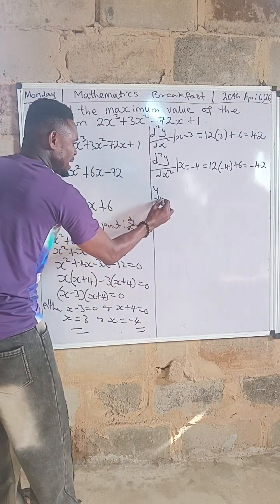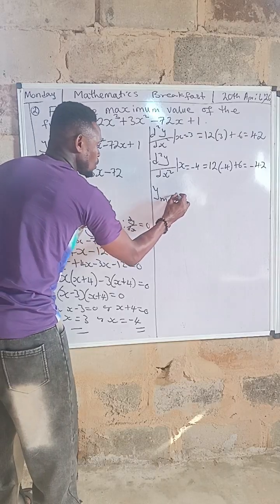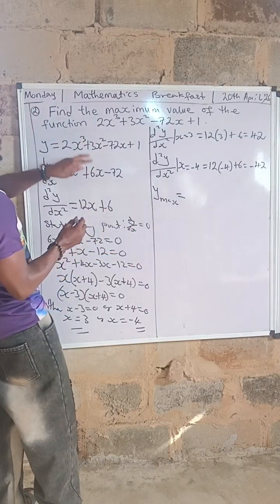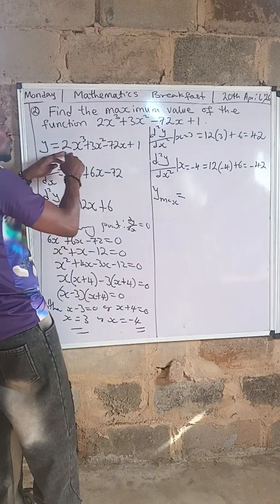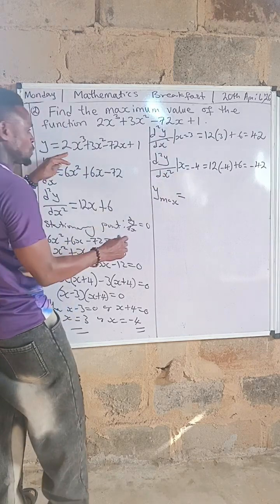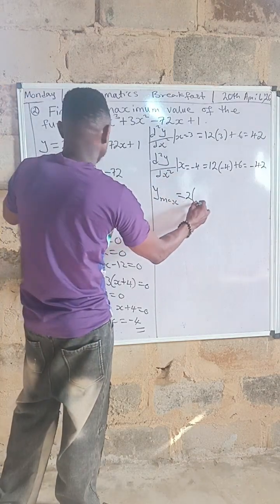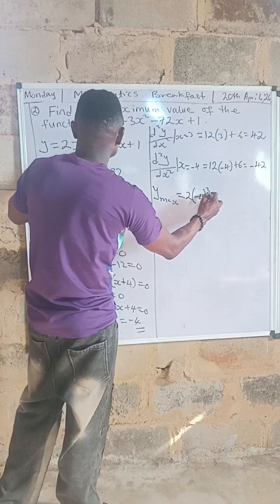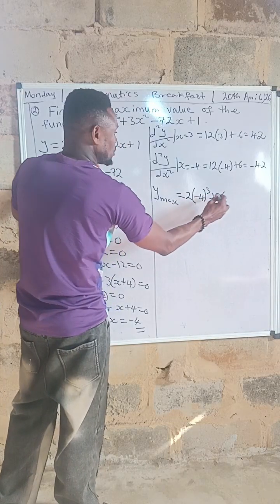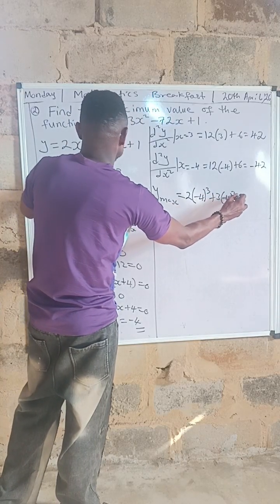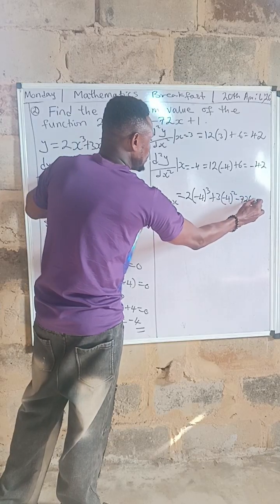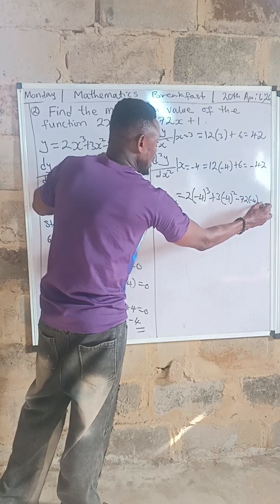So y maximum will now be equal to, look at the value of y when x equals minus 4. So when you now put x as minus 4, that will give us 2 into minus 4 raised to power 3, plus 3 into minus 4 raised to power 2, minus 72 into minus 4, then plus 1.